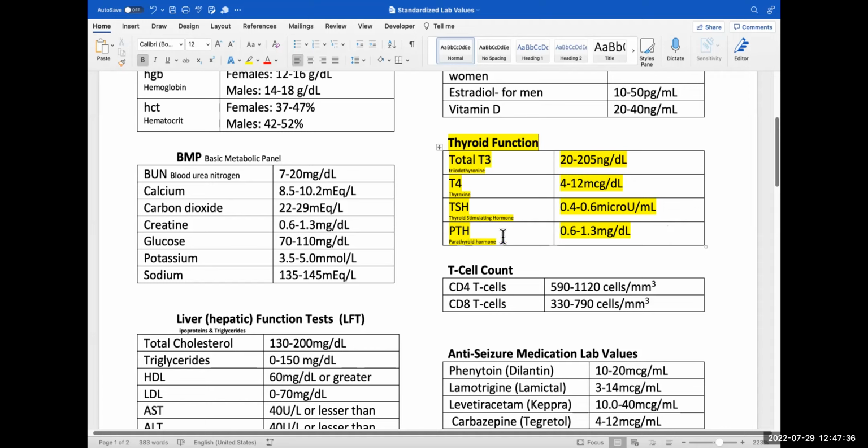They'll also do a parathyroid hormone because I told you that those two are kind of partners. The parathyroid hormone sits right underneath the thyroid, but in front of the thyroid. So they always want to make sure that that parathyroid functions too. And usually it does. In rare instances, does it not? So those are the labs that we're going to be concentrating on.